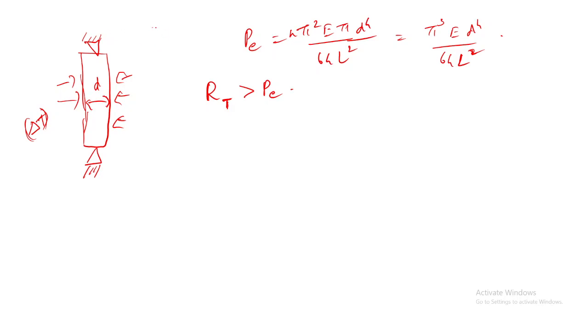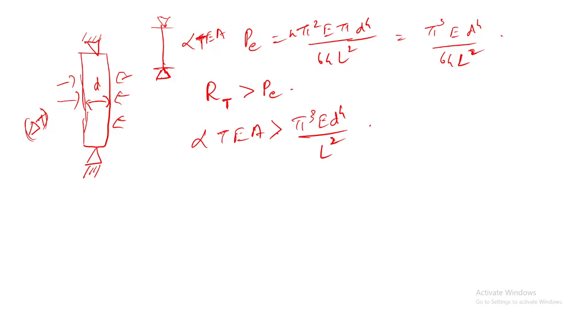With both ends constrained, the reaction force is alpha T E A. The compressive thermal stress is alpha T E, multiplied by the area of cross-section, which gives the reaction force alpha T E A. If this alpha T E A is greater than pi cube E d power 4 divided by 64 L square, then buckling will happen.